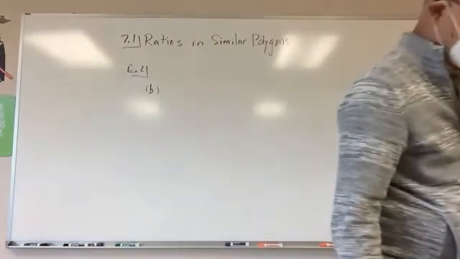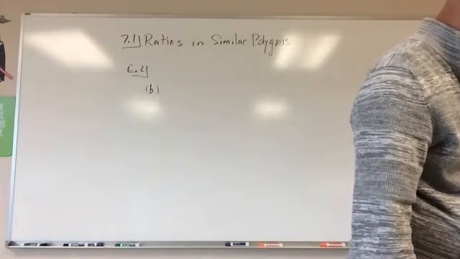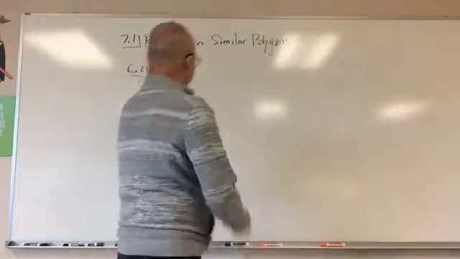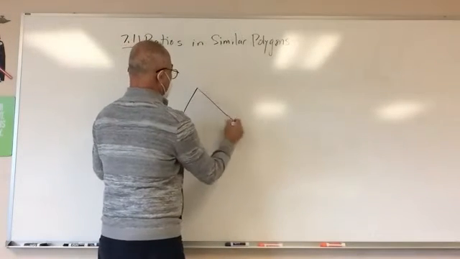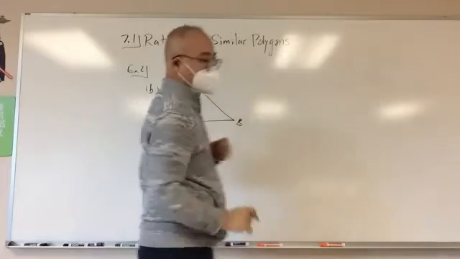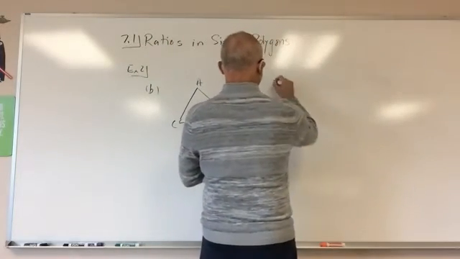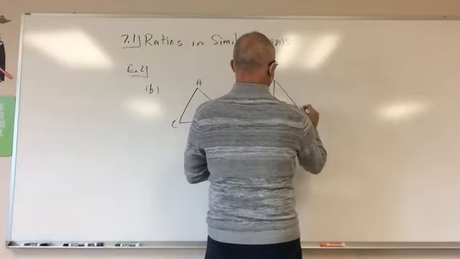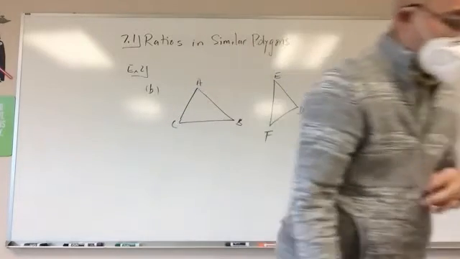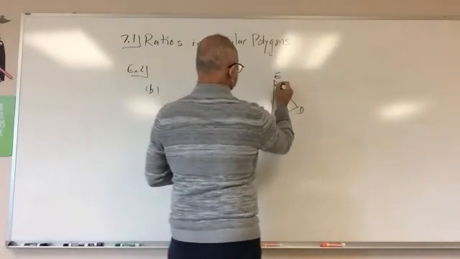B, we have A, B, C, and D, E, F. And we are given that this guy and this guy are the same.